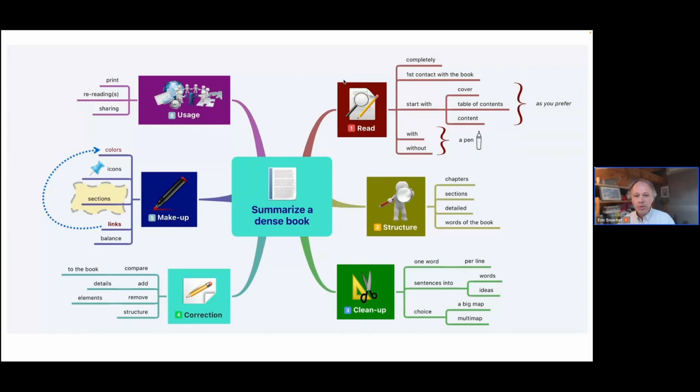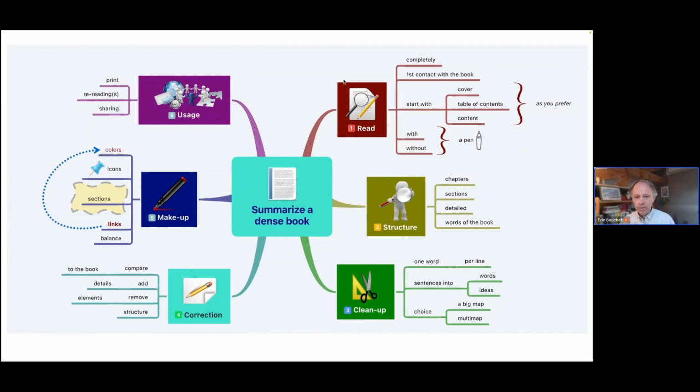We're going to use some of the basics of mind mapping, like using 1 word per line, cutting the sentences into words, into ideas. And that's where you're going to make a choice whether it's going to be one big single map or whether you do what I call a multi-map, like a table of contents and multiple maps.